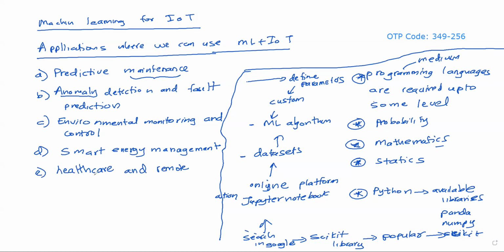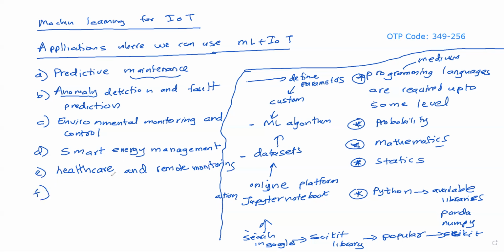Machine learning plus IoT is also important in healthcare and remote monitoring healthcare systems. In remote monitoring and healthcare systems, we require machine learning techniques to make good decisions regarding the healthcare services and produce useful outputs.